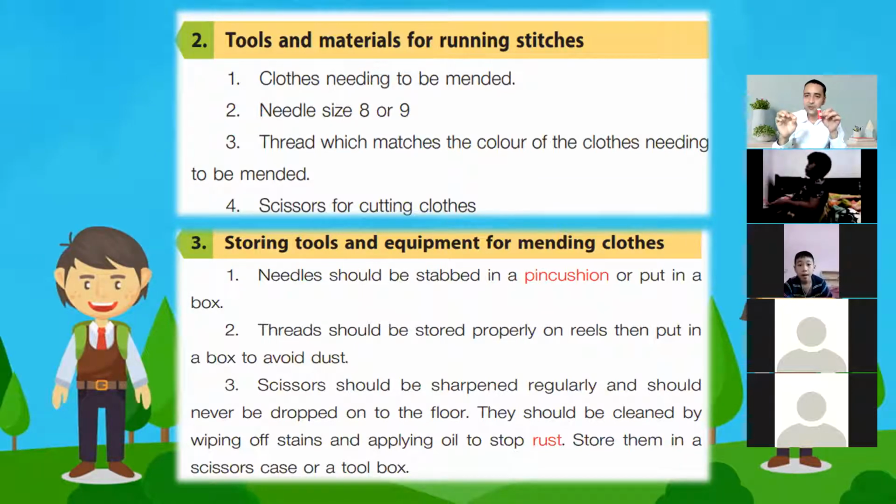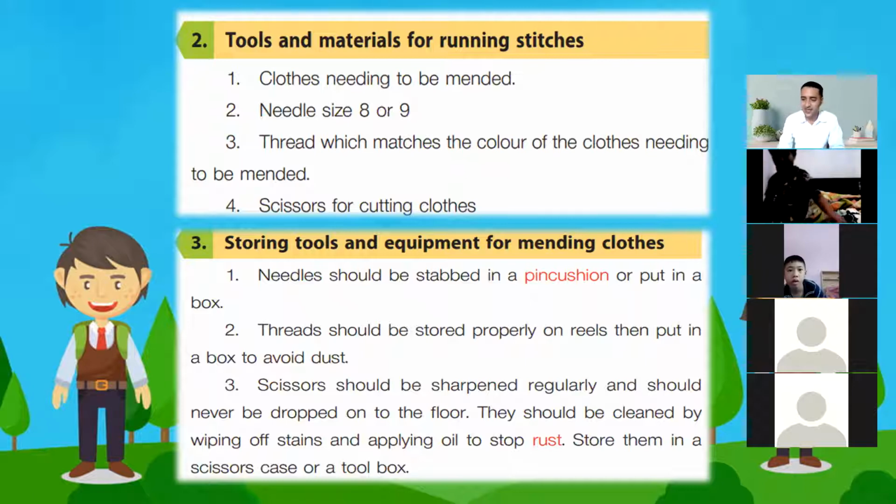For example, if our shirt is white, we use white thread. If the cloth is red, we use red thread. Any color of cloth we are mending, we choose the same color of thread. Now the fourth one, we require scissors to cut off the remaining thread after we finish mending.